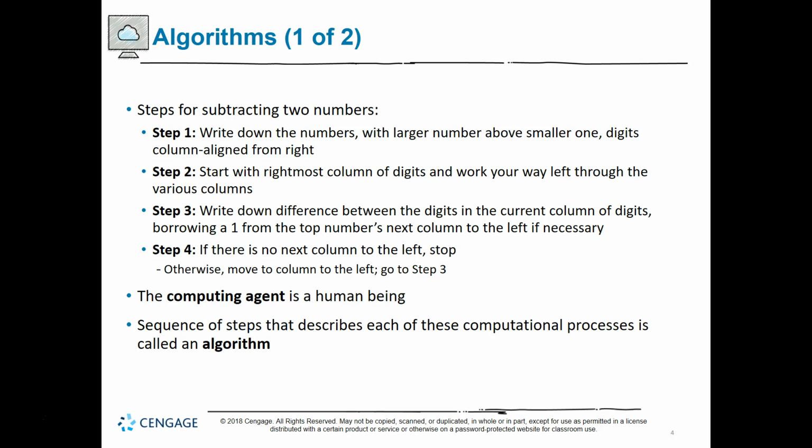So if we go back to grade school math, if I want to subtract two numbers, we know we write down the numbers. The larger number is above the smaller one. Yes, we could subtract and get negative numbers. I already saw that look. But in this case, we want the bigger number on top of the smaller number. We know that we need to line them up in the same columns.